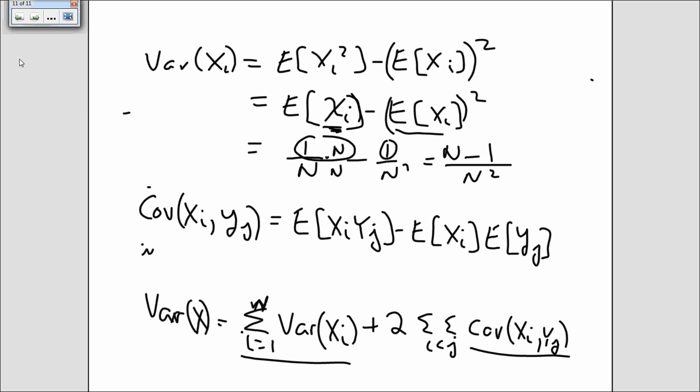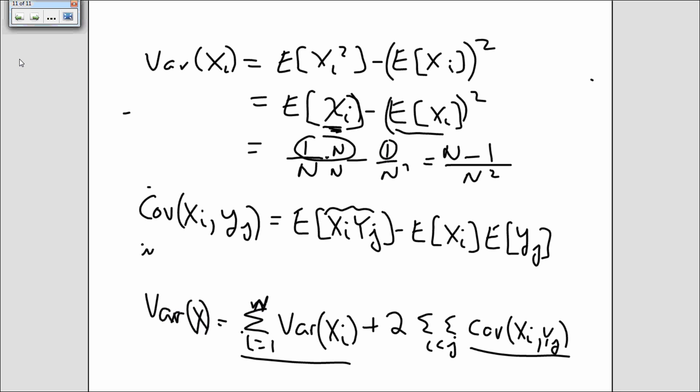Okay. So now, when is Xi Xj not equal to 0? Remember, Xi is either 0 or 1, and Xj is either 0 or 1. Well, only when the ith person picks their own hat will Xi be 1.